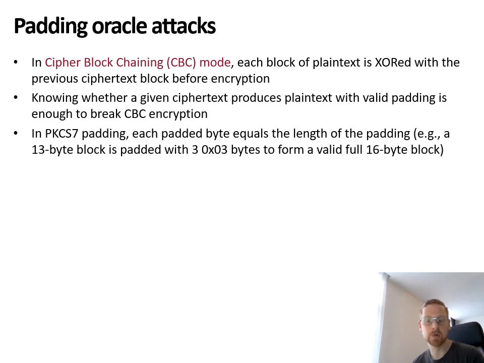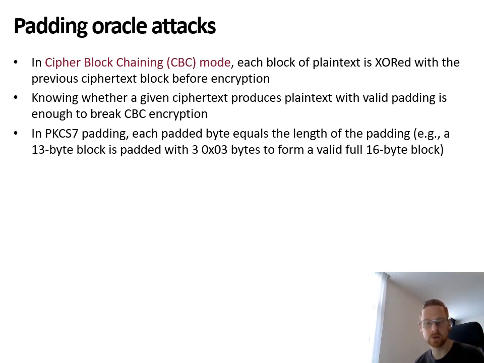An often used type of padding with SSL is PKCS7, where each padded byte equals the length of the padding. For example, if a block is 13 bytes long, then 3 bytes will be added to create a full 16-byte block, where each padded byte is actually the length of the padding, so 3.